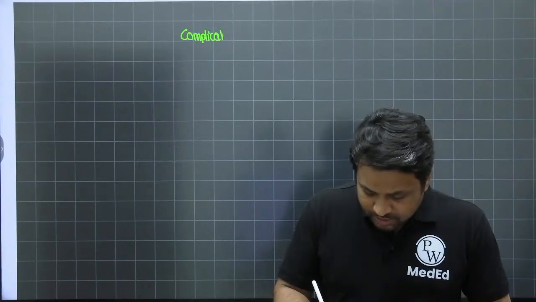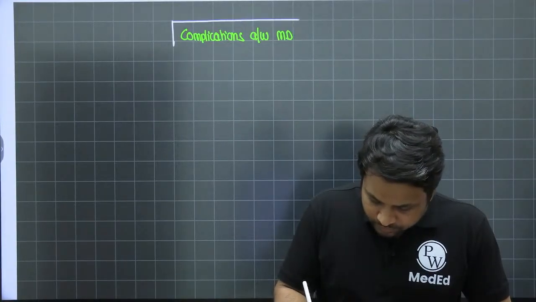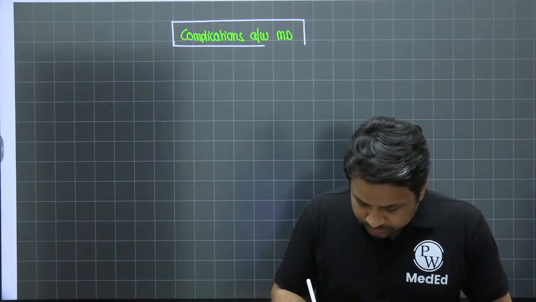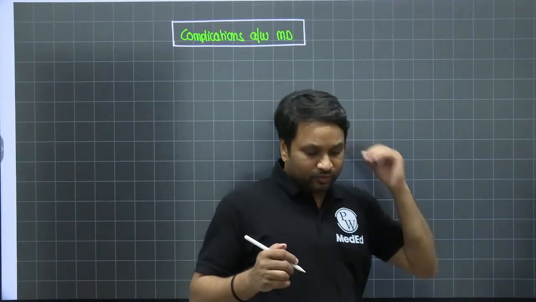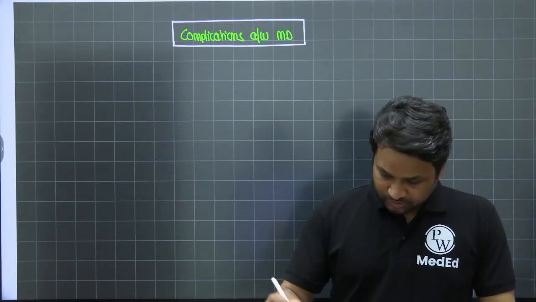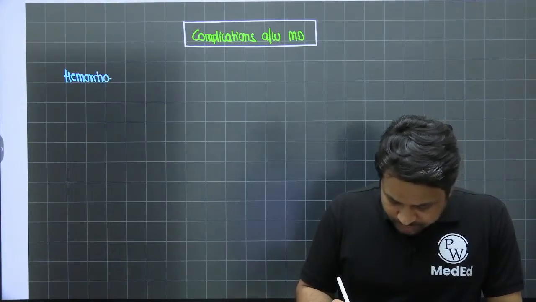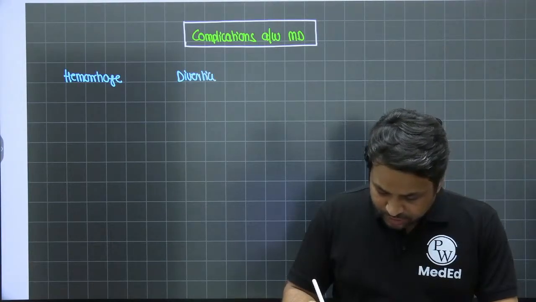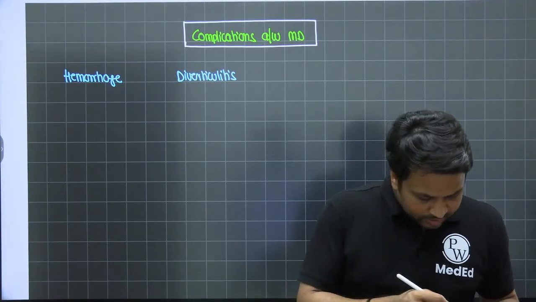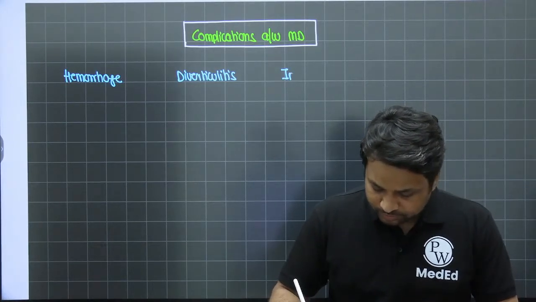What are the various complications associated with Meckel's diverticulum? The first one is hemorrhage. It is associated with diverticulitis. It is associated with intussusception, or I can say intestinal obstruction.